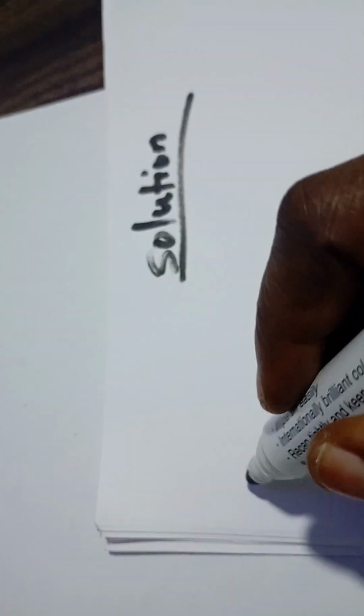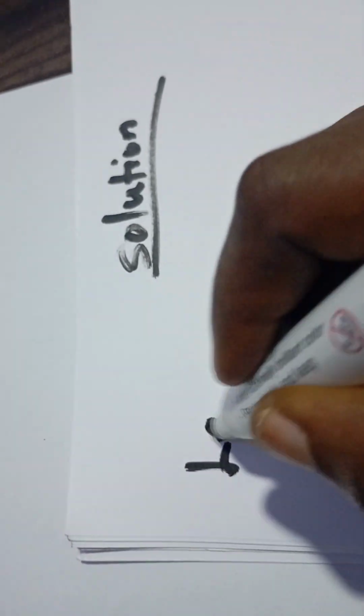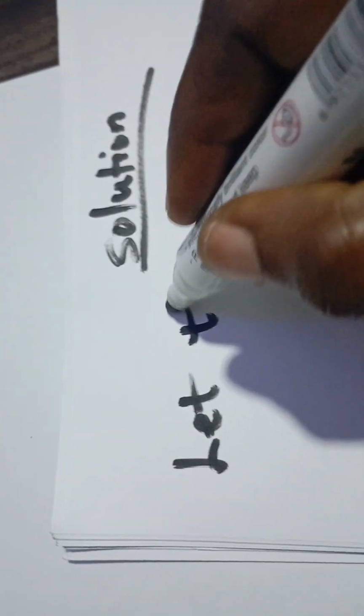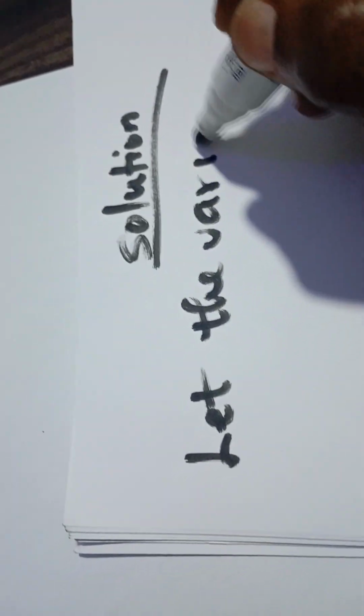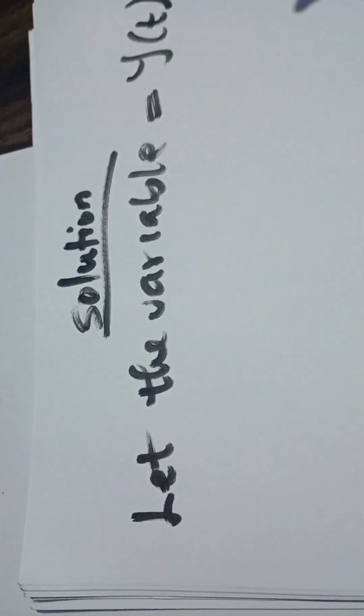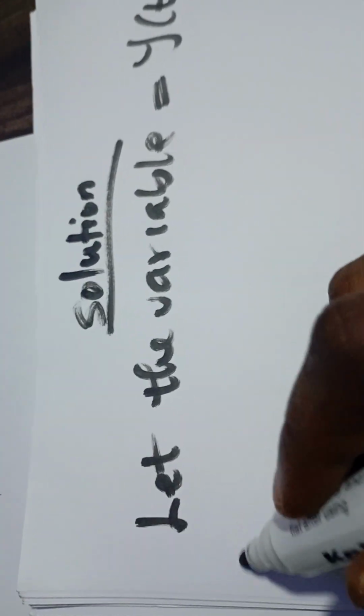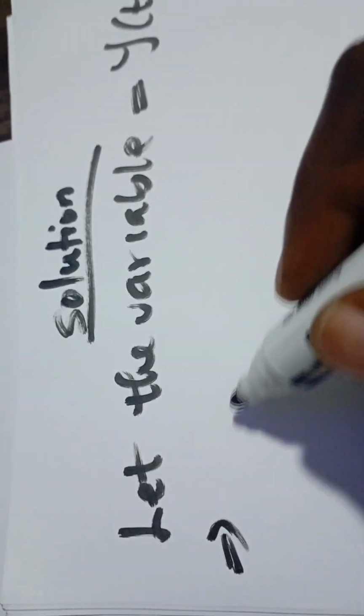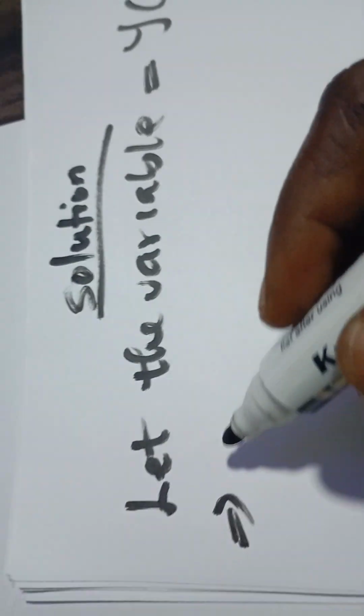So like before, let the variable under consideration be equal to y, and since it is defined at a certain period, we attach the time value. So I explained before that when we are talking about growth rate, it refers to that change that happened.